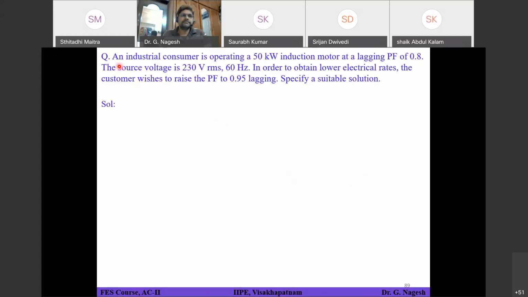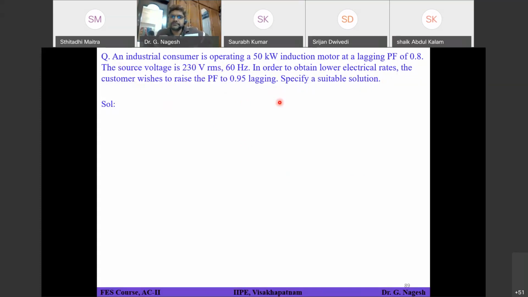The problem says an industrial consumer is operating a 50 kilowatt induction motor at a lagging power factor of 0.8. The source voltage is 230 volts RMS at a frequency of 60 Hz. In order to obtain lower electricity rates, the customer wishes to raise the power factor to 0.95 lagging.